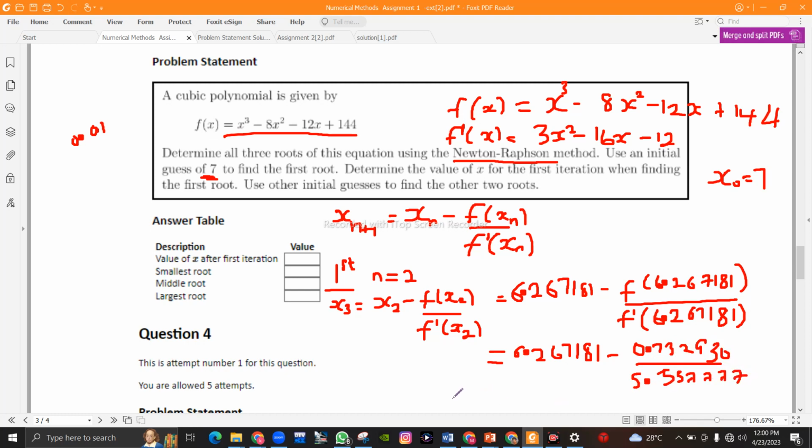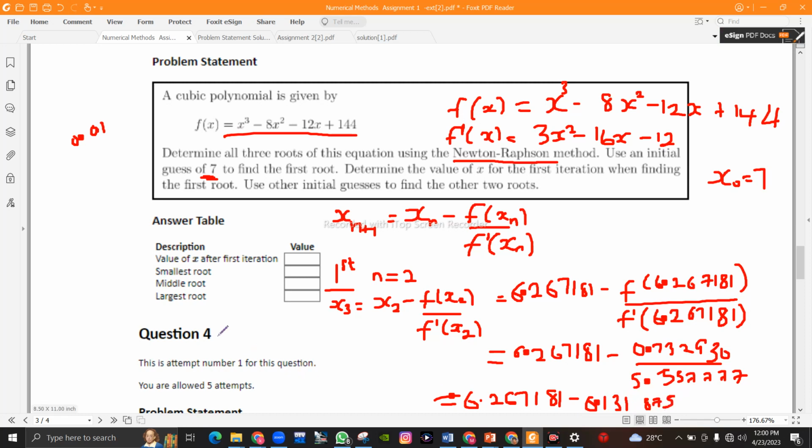If you calculate that, you're going to have 6.267181 minus 0.131875.